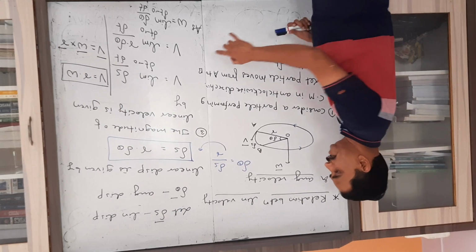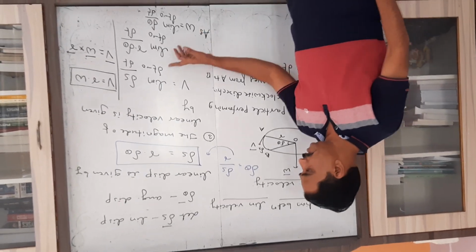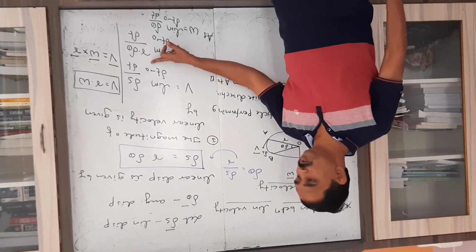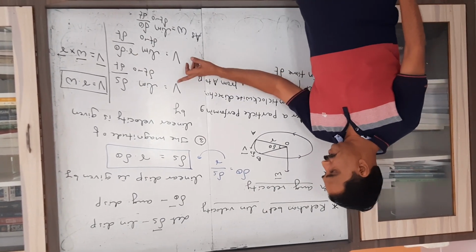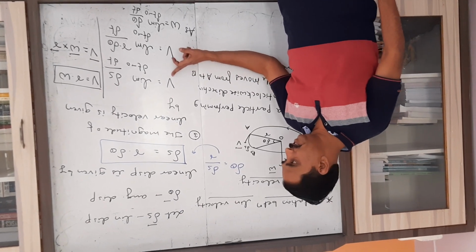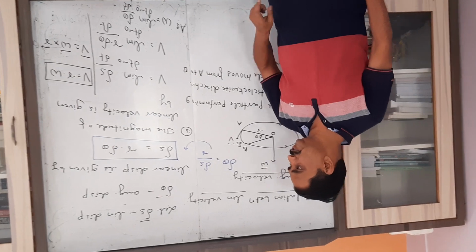So we write linear velocity equal to limit delta t tends to 0 of delta s by delta t. It means linear velocity is the time rate of change of linear displacement.